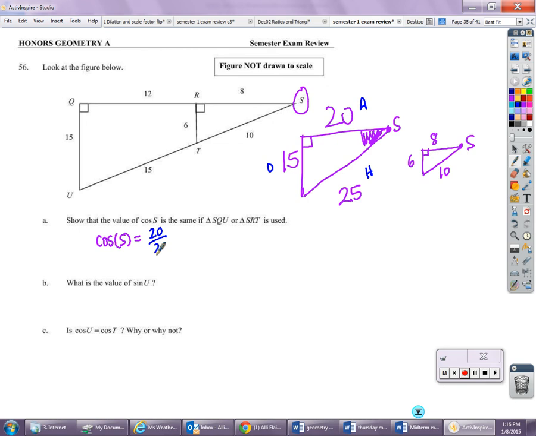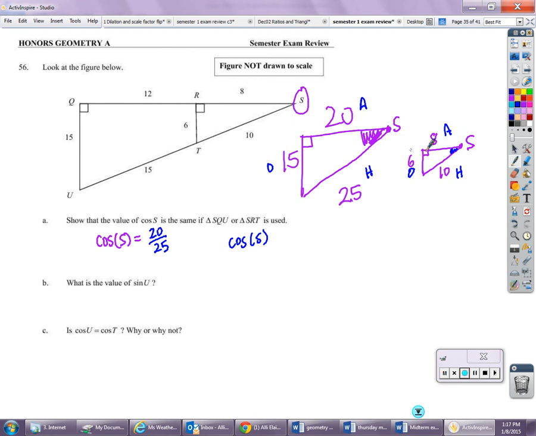Adjacent over hypotenuse. And in the small triangle, the cosine of S, same thing. Here's your hypotenuse. Across your angle, there's your opposite. And this is your adjacent. And the only reason you can use SOHCAHTOA right now is because it's a right triangle. You cannot use SOHCAHTOA if it's not a right triangle.